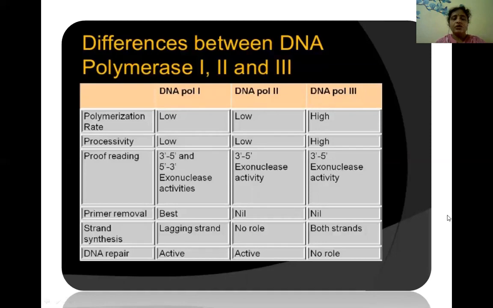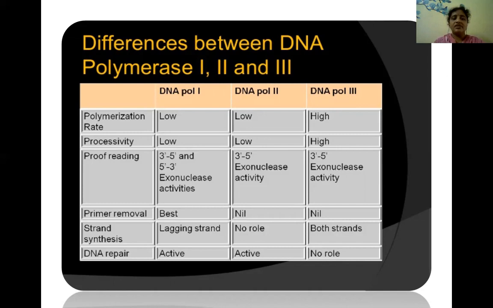This slide shows the differences between the DNA polymerase 1, 2, and 3 enzymes. The polymerization rate is very low in polymerase 1 and 2, and very high in DNA polymerase 3.